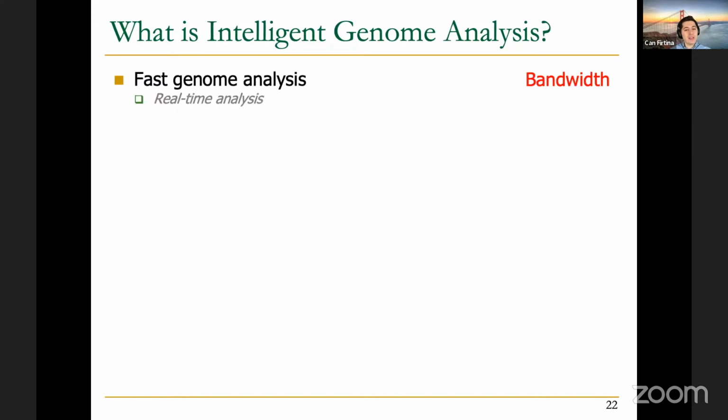First, to achieve intelligent genome analysis, we really want to perform fast genome analysis, even perhaps real-time genome analysis, because we want the answers from genome analysis as quickly as possible, because they can be life-critical decisions, right? So it's really important to achieve fast genome analysis.